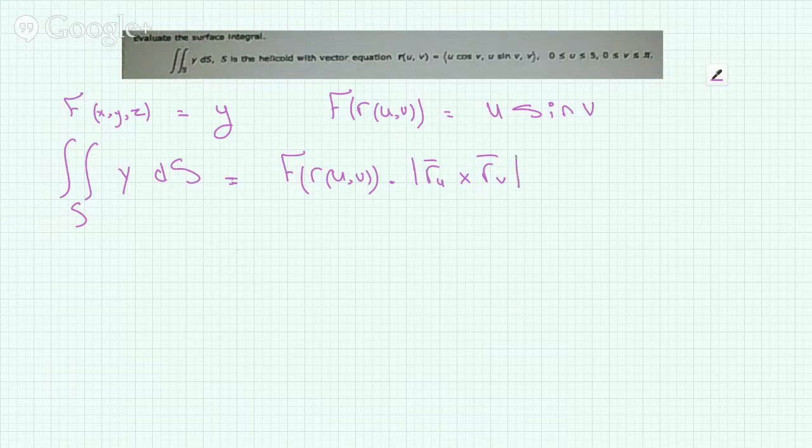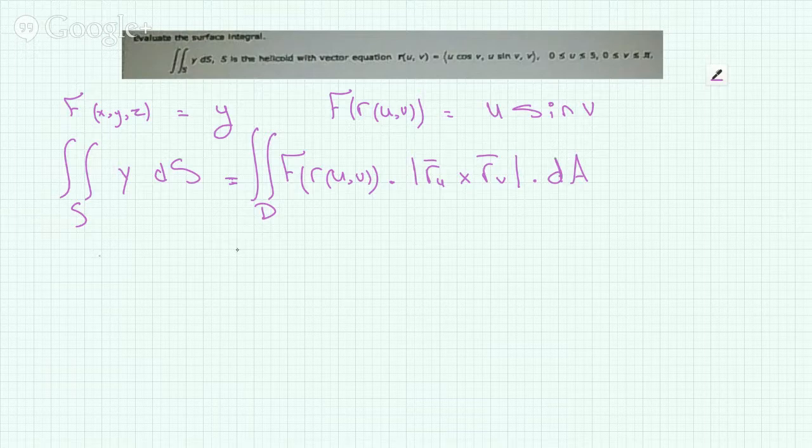In other words, those are the tangent vectors to the surface, times the dA. And this is a double integral on region D defined by my bounds, where u goes from 0 to 5 and v goes from 0 to pi.